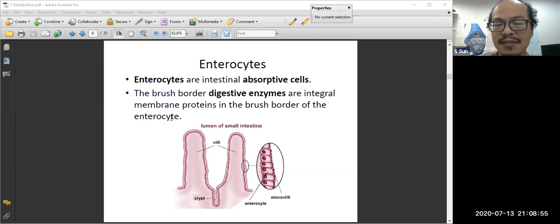So that's the answer. So you have two questions now: which organ, and which cells? Enterocytes are the cells in the small intestine.